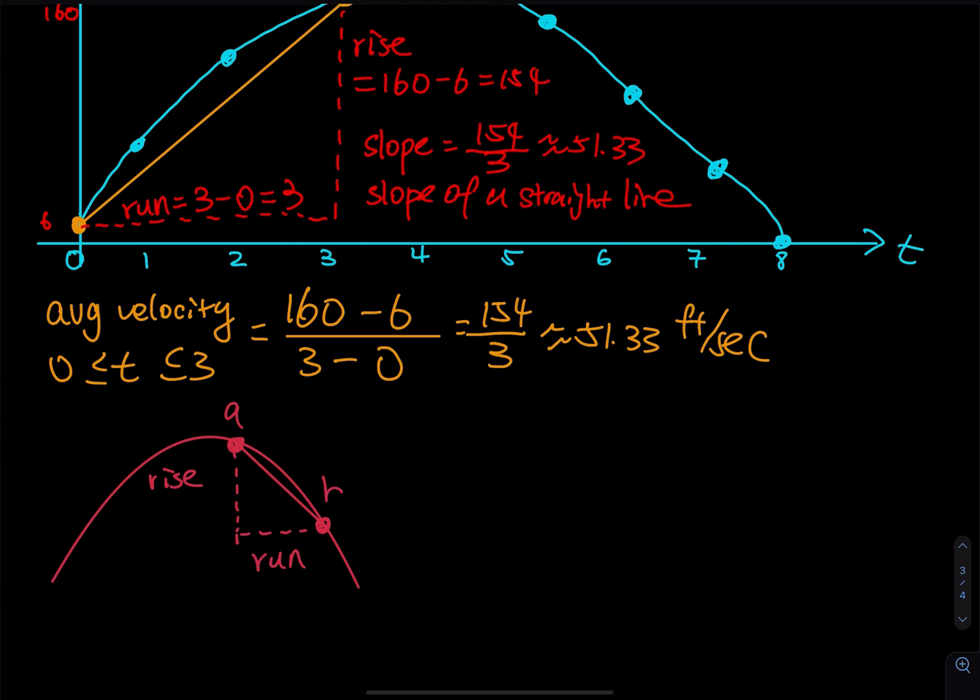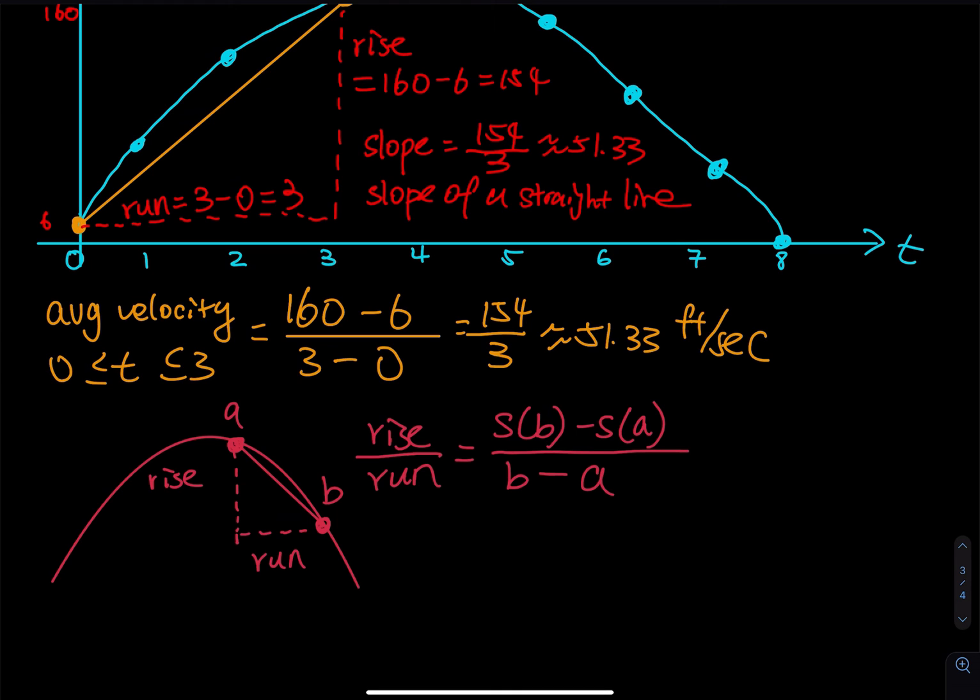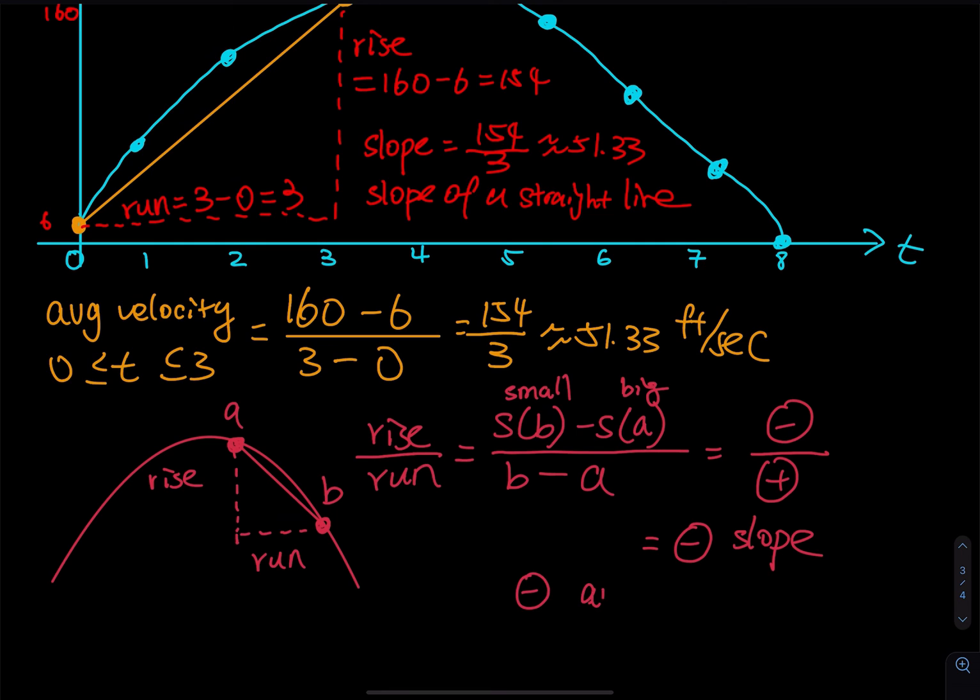For rise over run, the run is B minus A, bigger x minus smaller x, and the rise is the big y minus the small y, which is S of B minus S of A. Oh, actually, this is smaller and this is bigger. So as a result, you will get a negative on top and a positive on the bottom. Therefore, you will have a negative slope, which is negative average velocity.